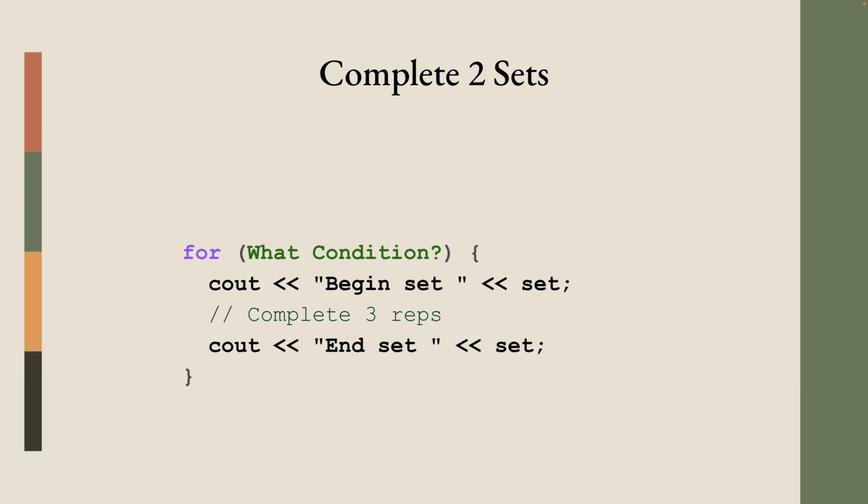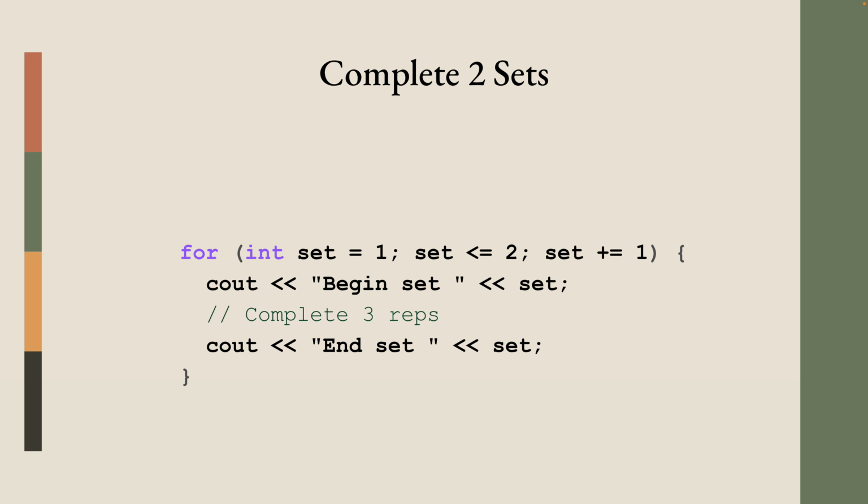Try to match that variable, but the conditions look good. So that would be for the inner one, but for the outer loop, we're trying to do it in terms of sets. Are we using like index in the for loop? So right now, what variable are we using in the for loop? Yeah, so instead of index, we can name it set, but I think the conditions look good.